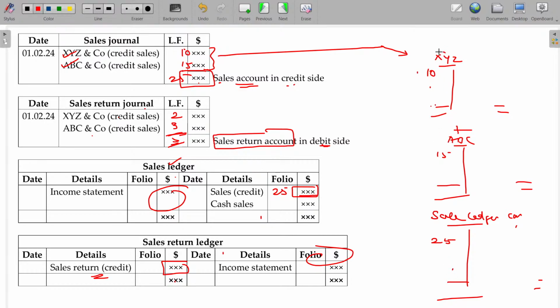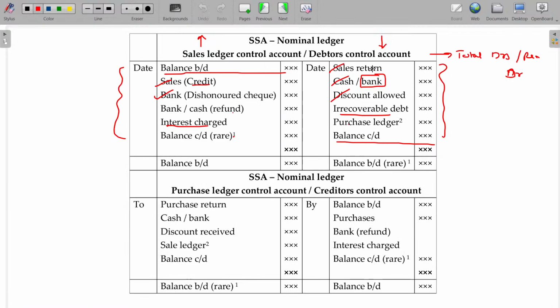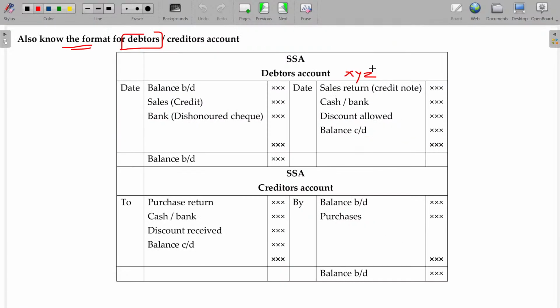So this format is also given here. For your better understanding, I have given that format also for the individual debtors, for example XYZ. This is also similar to this one, the sales ledger control account, but that is the total, and this one is all about the individual, only for XYZ, also being a debtor. Okay, asset. So starting with the debit side and ending with the credit side, any transaction that gives rise to the value will be posted on the debit side.